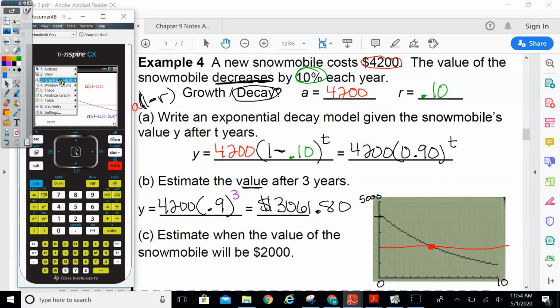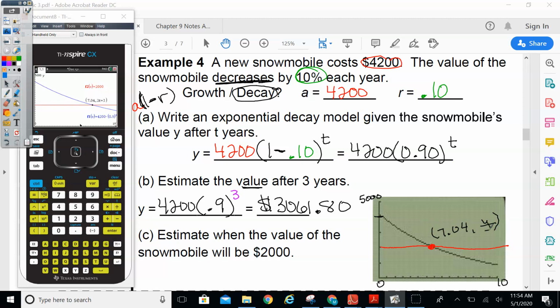So menu, and then we're looking for the intersection to the left, to the right, and it tells us that it's 7.04. I don't care about the y, I care about the x. Alright, so again, the answer to 2,000 equal to 4,200 times 0.9 to the x is, we can just say about 7 years.